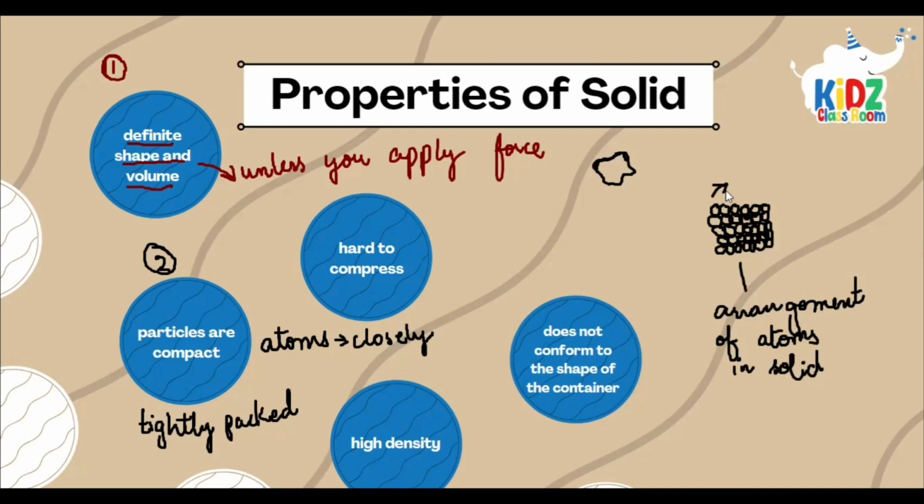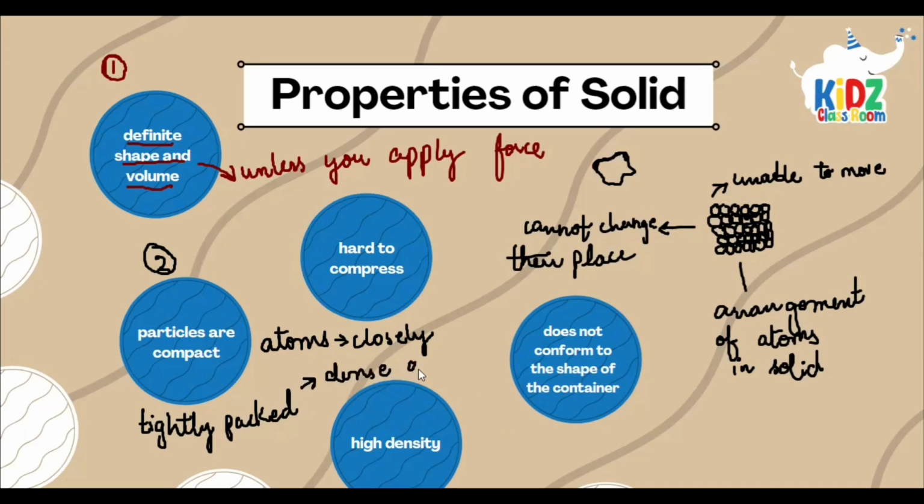They are unable to move, and they cannot change their direction or their place. So this means that particles are tightly packed together, atoms are closely packed together, and this is the arrangement of atoms in a solid. Because they're tightly packed, they are more dense and firm. The arrangement of atoms makes them dense and firm.